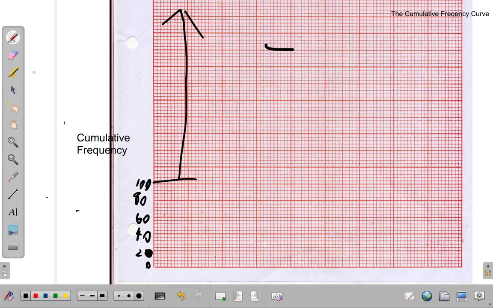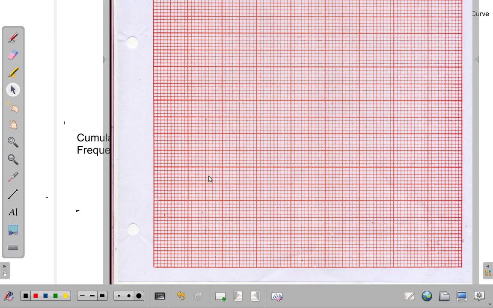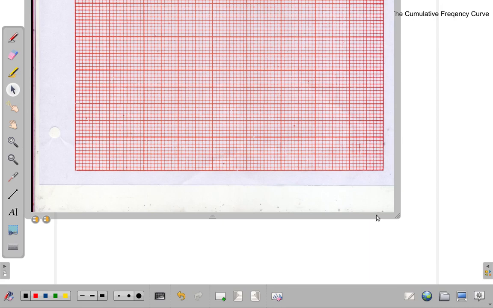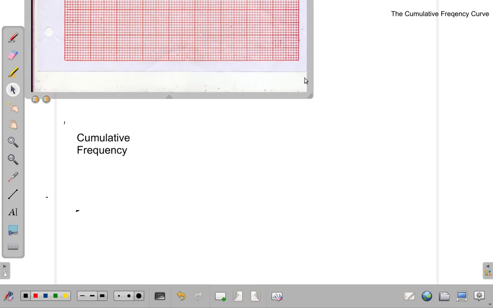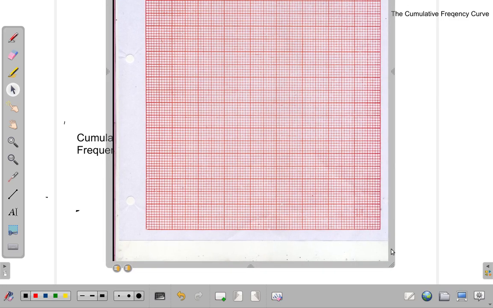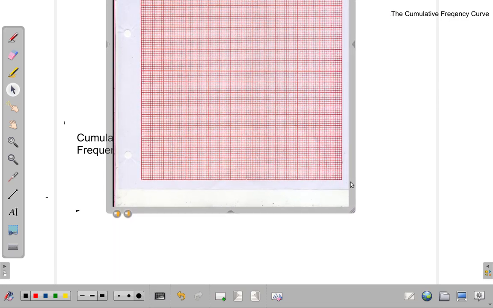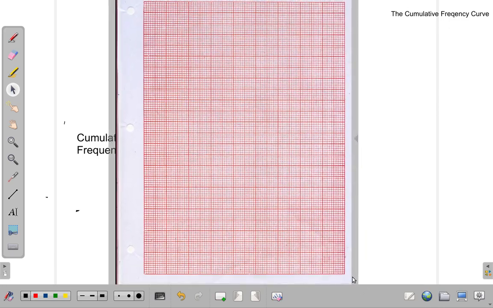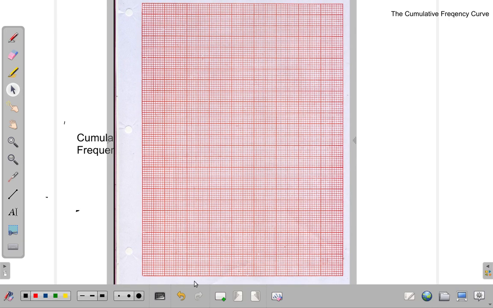Let's use a different scale. Let me decrease the size again so that we can see all of the graph paper. Okay, we're seeing basically all of the graph paper.